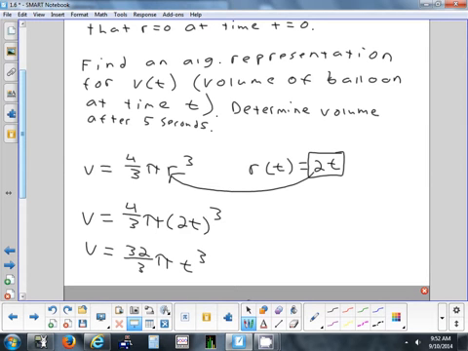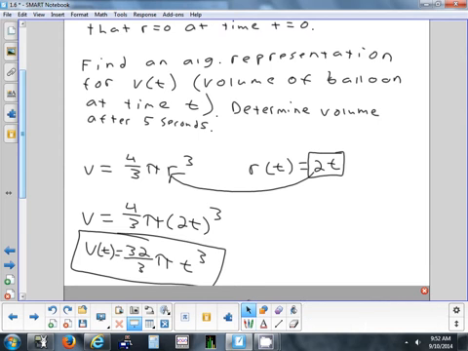Or if you do it in 2 steps, it's 8t cubed, and then just do 8 times 4, and that's where I got the 32. Now they ask for the volume after 5 seconds. You just fill 5 in for t and do it up. But this is the volume as a function of time. Okay? It's composition.